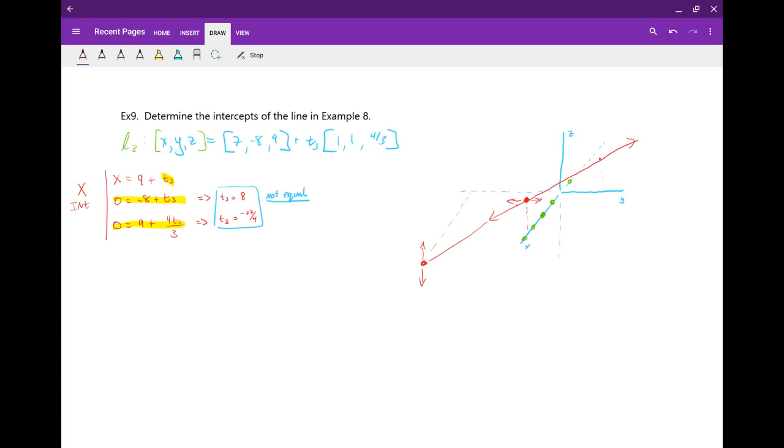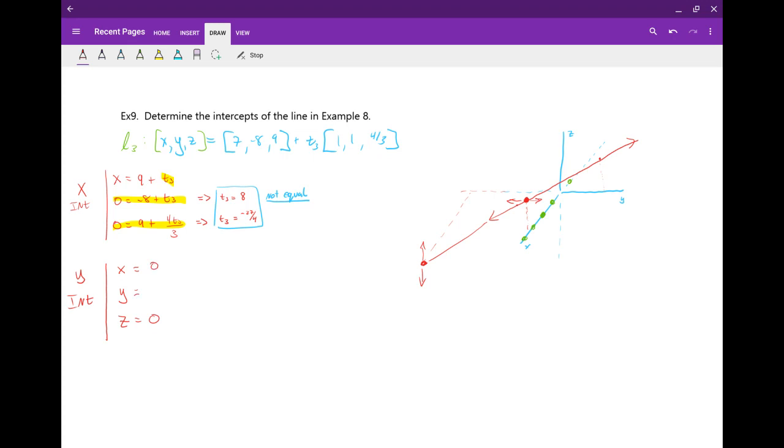Now, since we didn't find an x-intercept, well, let's go ahead and try to find a y-intercept. So to find a y-intercept, I set my x equal to 0, and I leave my y, and my z goes to 0. I'll write it like this.